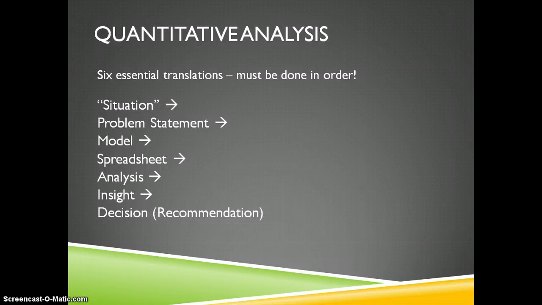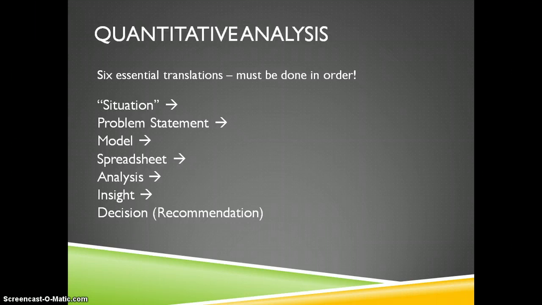That's any kind of business setting where there's some sense that something should be improved or something needs to be done. From that, you need to extract the key elements of the problem and translate that situation into a problem statement. This is a very important step, and if you don't do that right, the rest of your effort is going to be wasted completely.